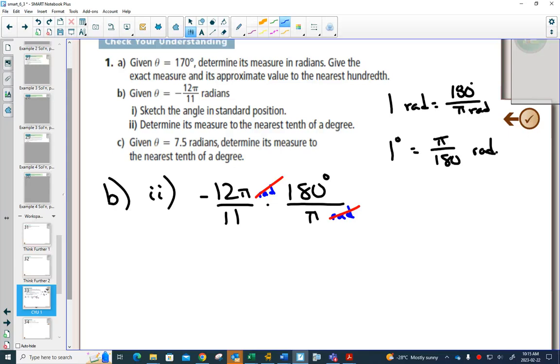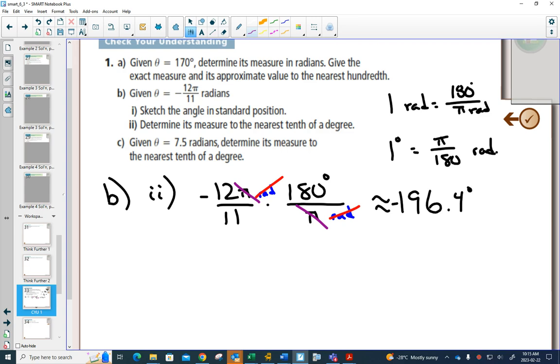We also notice that these pi's simplify. That's nice. So if I get 12 times 180 divided by 11, I get approximately 196.4 degrees with a negative sign out in front.